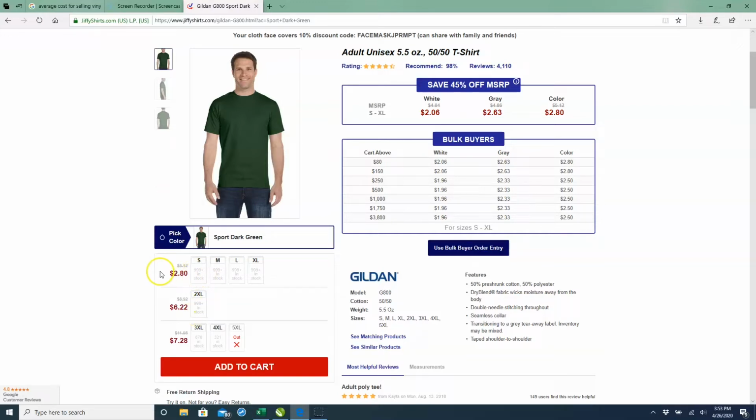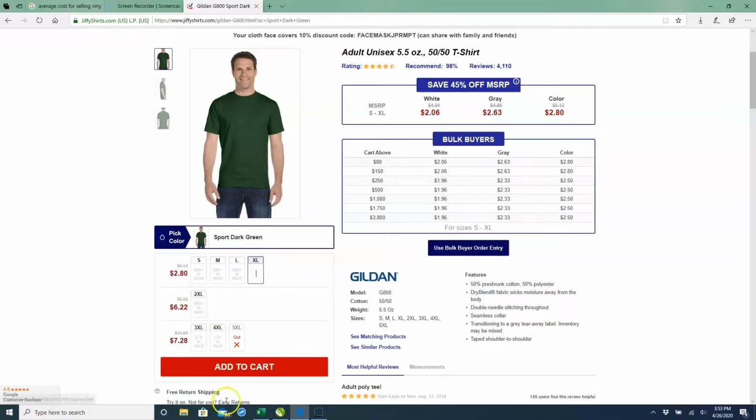For $2.80, you can get small all the way to extra large. Anything above that is going to tack on $6.22. After that, 3x to 5x, it's going to be $7.28. So right now, this is what I want to use for my customers: a Gildan G800 50/50 cotton polyester t-shirt, 5.5 ounce.